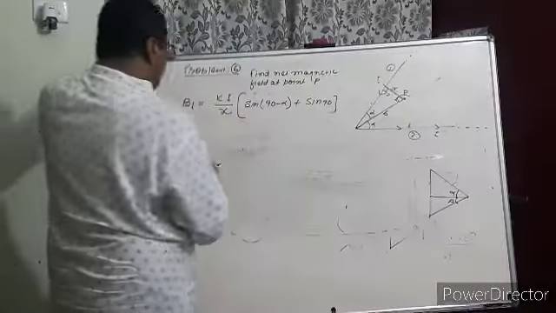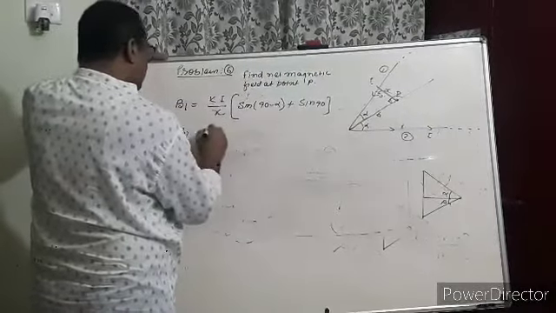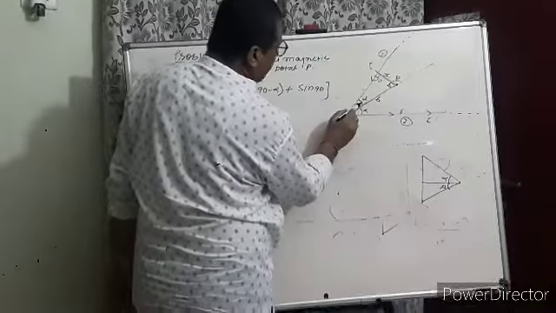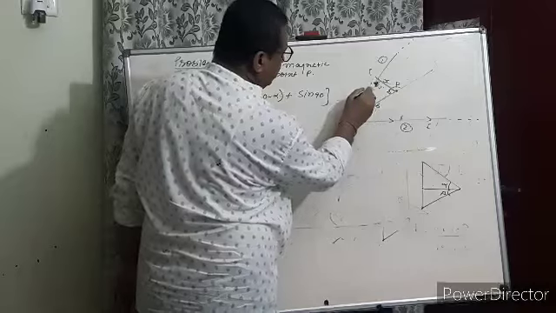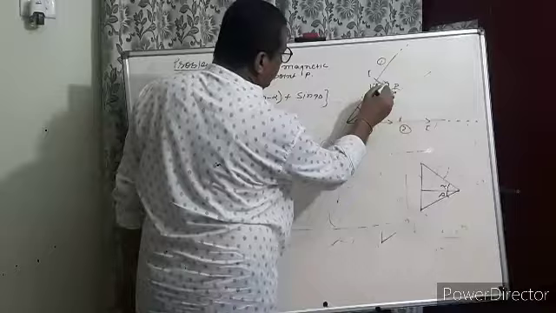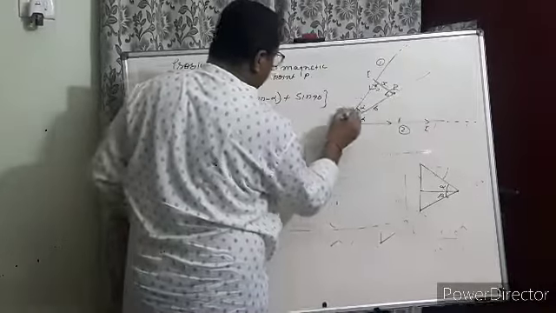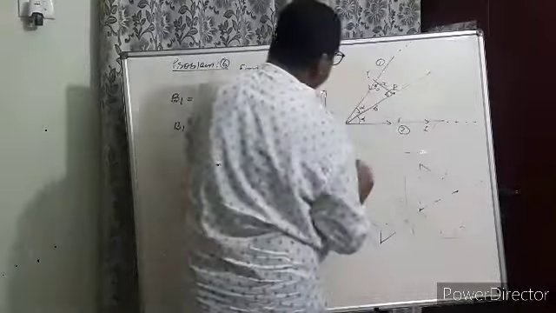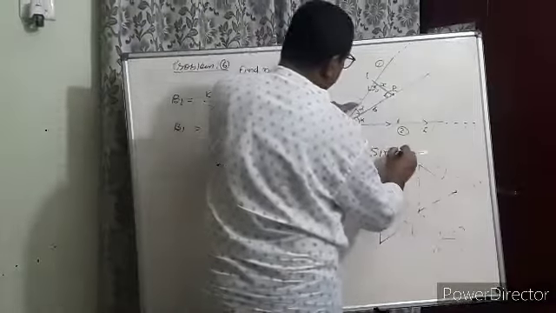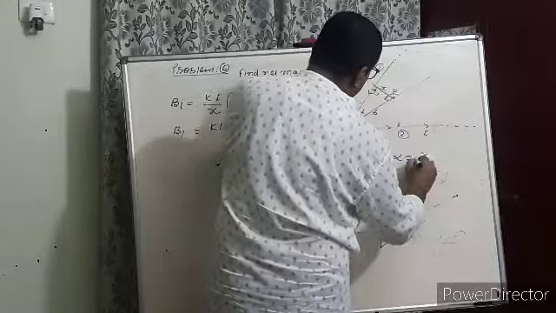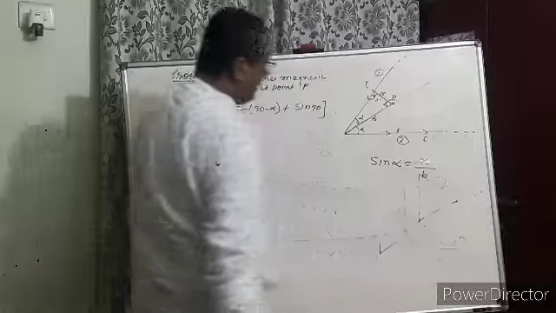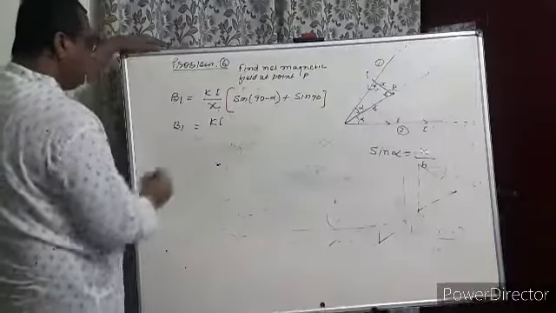So we can calculate B1 equal to K I by x. Here this is alpha and this is 90. Taking perpendicular by hypotenuse, sin alpha is equal to perpendicular by hypotenuse, so x equals b sin alpha.